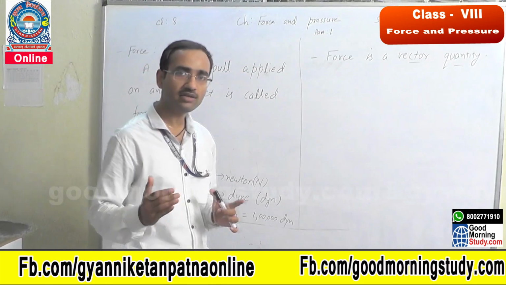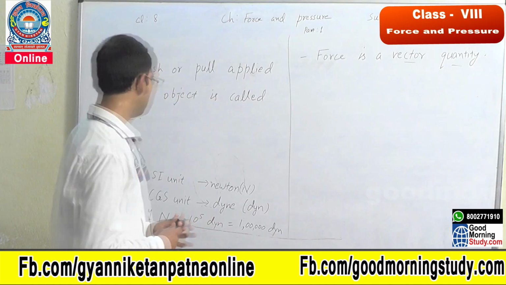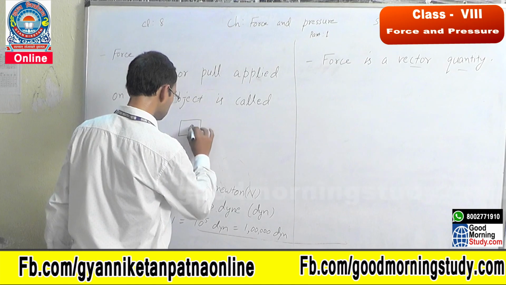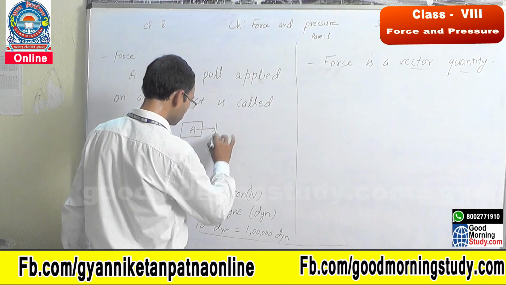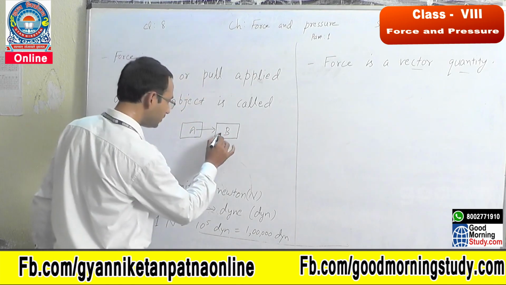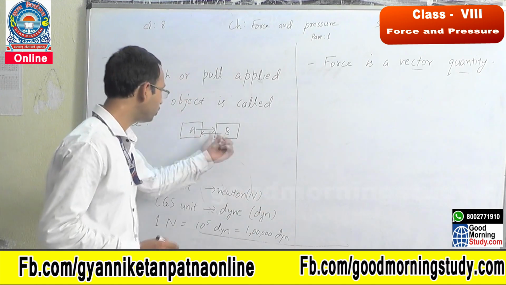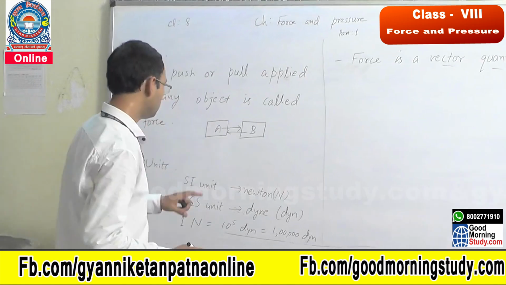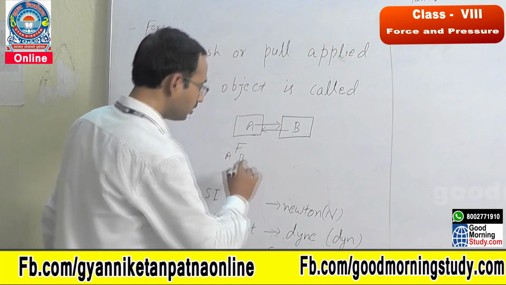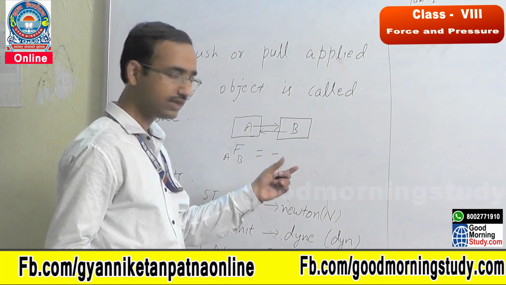Force is a result of interaction between at least two objects. Suppose object A applies a force on another object B, then object B will also apply the same force, that is equal force, in opposite direction on object A. That is, force exerted by A on B will be equal to negative of force applied by B on A. This negative sign shows opposite direction.